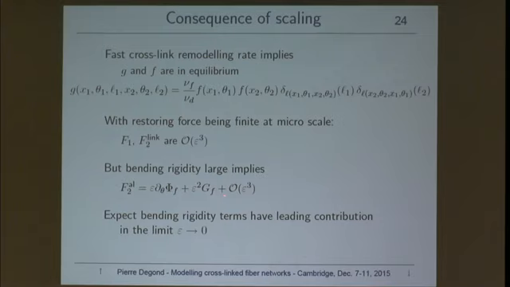But these two terms will have a macroscopic influence in the final result. So we expect that the bending rigidity terms will have a leading contribution, as well as some other terms such as the angular noise, because I didn't scale anything about the noise parameters. So this is what we're going to see.